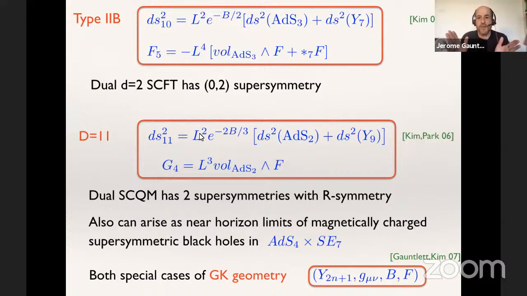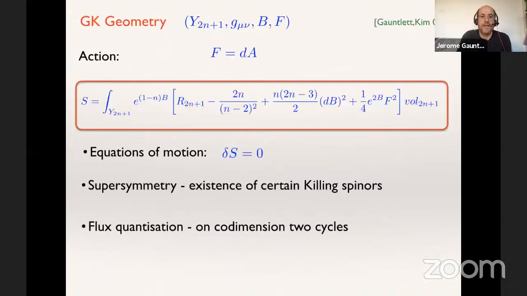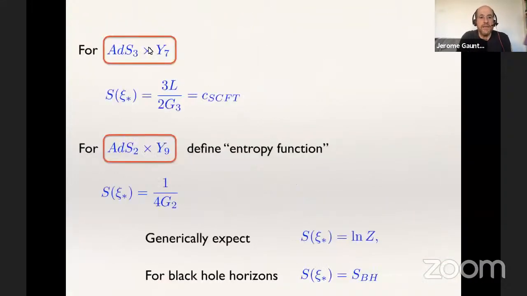L was just an arbitrary constant, which is fixed by flux quantization ultimately. That's what that capital L is. And here, when you evaluate the on-shell action at the extremal point, you get that radius divided by G3, and that's just Brown-Henneaux, and that is the central charge of the dual supersymmetric conformal field theory. So this shows explicitly that this is the geometric version of c-extremization.